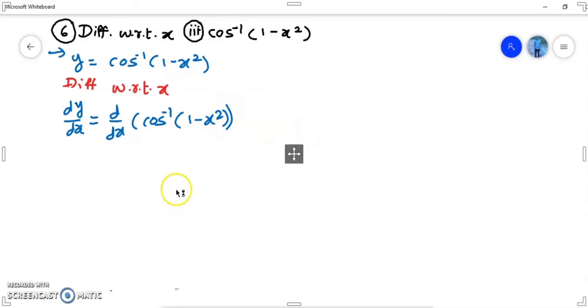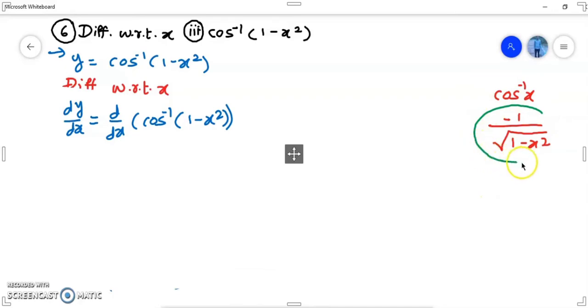Now for differentiation of cos inverse of 1 minus x square, I must remember the derivative of cos inverse x. So the derivative of cos inverse x is minus 1 upon root of 1 minus x square.